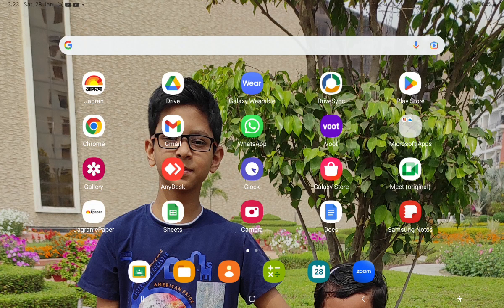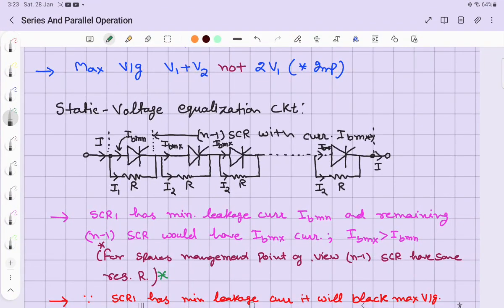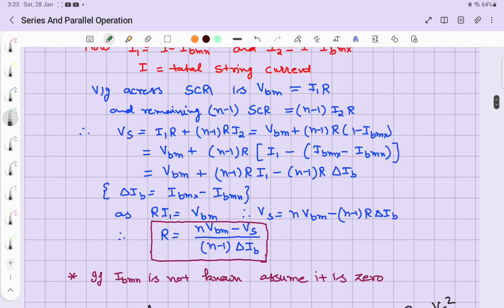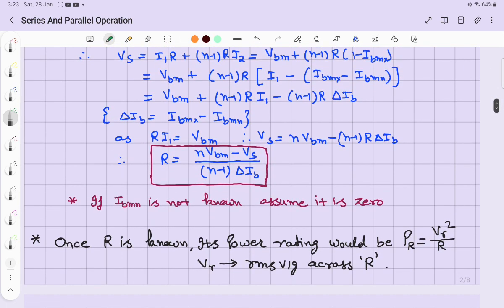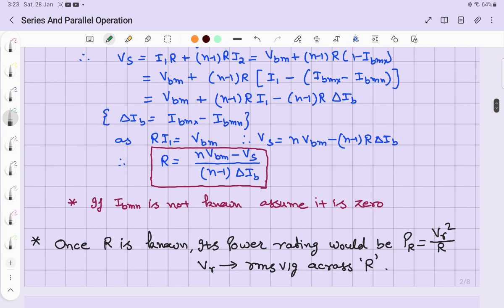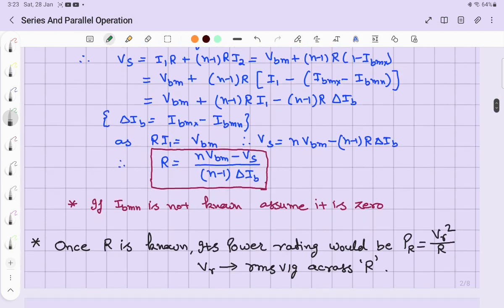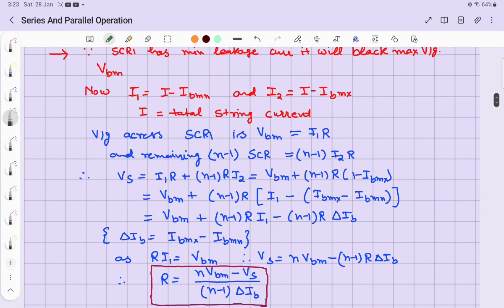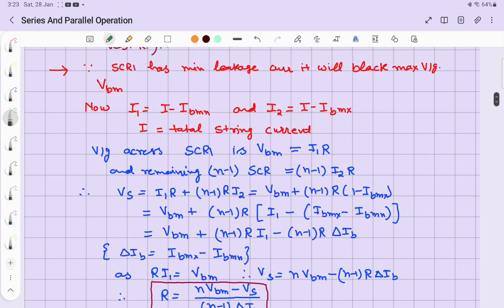Now once you have R, you can find the power of resistance R. It is equal to PR equal to VR square divided by R, where VR is the RMS voltage across resistance R. Is it okay?